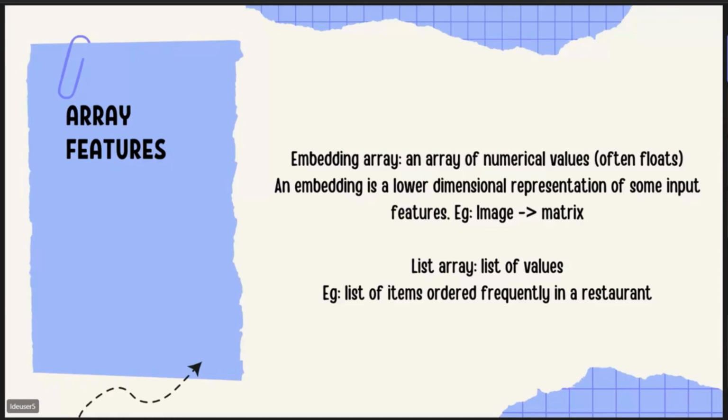For example, when I want to work with image-based data, computers cannot process images directly. So what they do is convert the image to numerical format based on the color of the pixels, the size of the image, and so on.